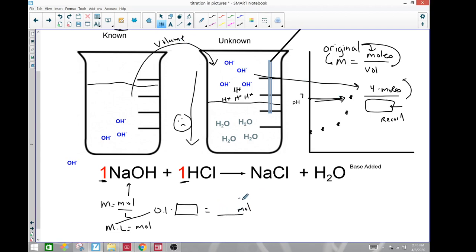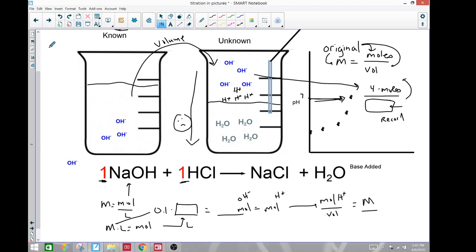And of course, this is the moles of hydroxides. So plug that in there. Keep in mind, we have to use liters. And if I knew that, then I could have the moles of OH, which equals the moles of H pluses that were originally present. And of course, at that point, I can do moles of H pluses divided by the original volume to give me my original concentration. Okay, that in a nutshell is my calculation as well.